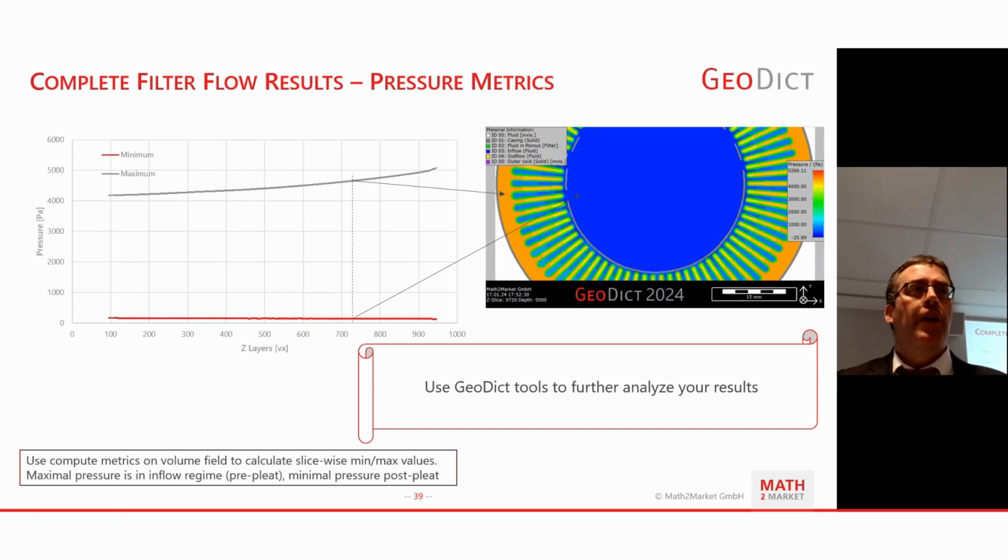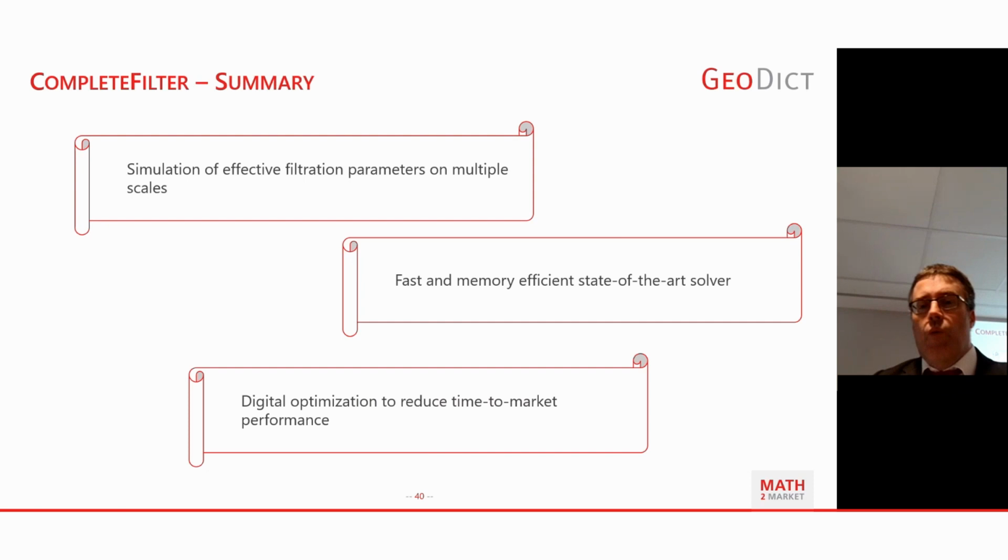Actually, there will be a plenum talk tomorrow on GeoPy and GeoApp, which I will be doing. But summarizing a bit on the complete filter, we have the simulation. We have used a state-of-the-art solver, and we can use it for digital optimization.